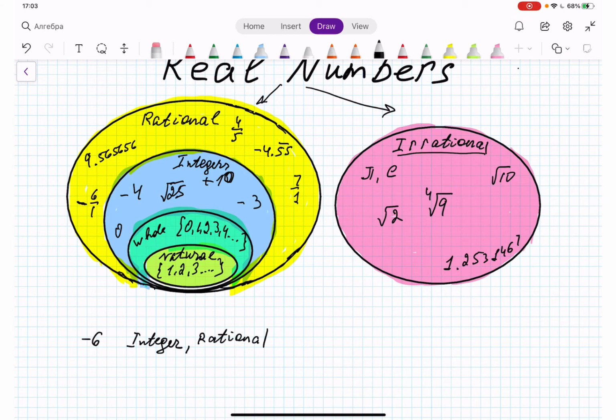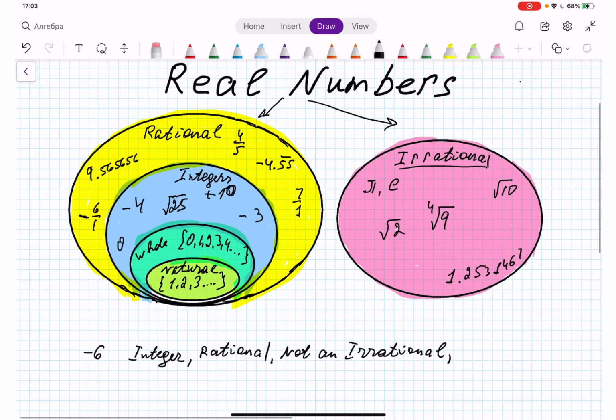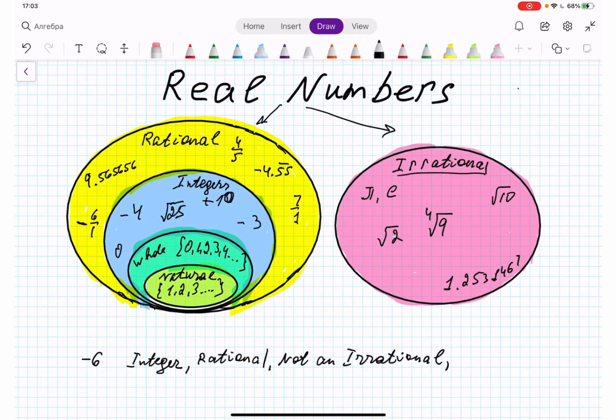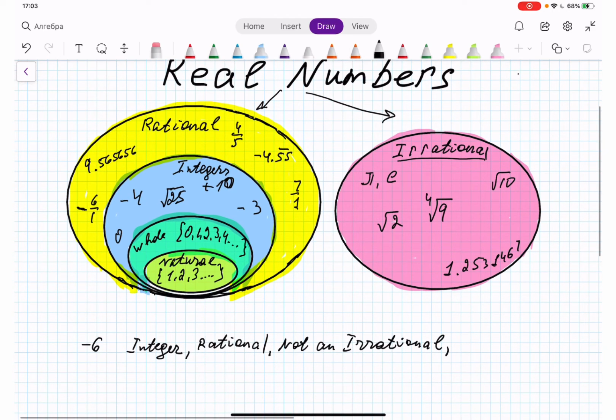But as an irrational number, it cannot happen, so it's not irrational. And lastly, is it real? Yes, because as you see, both ellipses are included in real numbers. All numbers are real numbers. So yes, real.